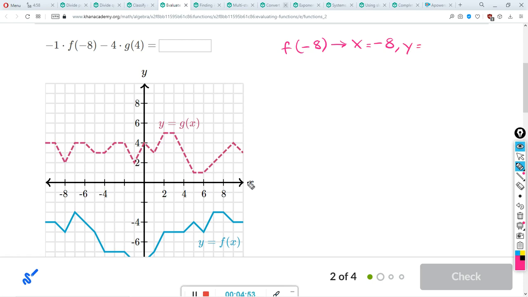So here's x-axis, go to x equals negative 8, okay, and we're looking at the f graph. That's this one. So trace it down right there. Okay, what's the y coordinate? Trace it to the y-axis right there. Okay, it's in between -4 and -6. So that must be a -5.